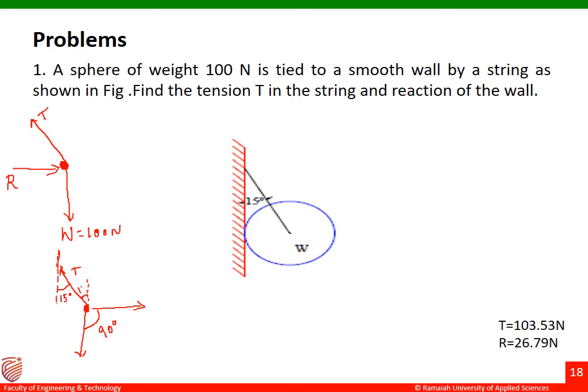Let me draw a small perpendicular here. This will also be equal to 15 degrees. Now if this is 15 degrees, what will be this angle? It is 90 plus 15, that is 75 degrees.